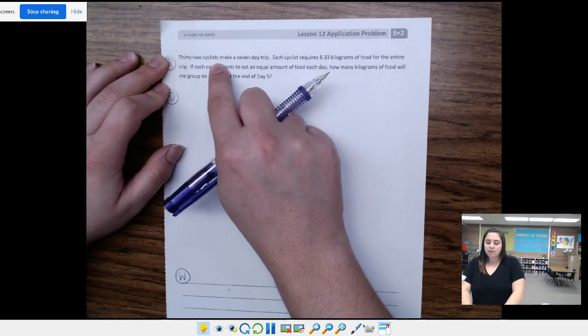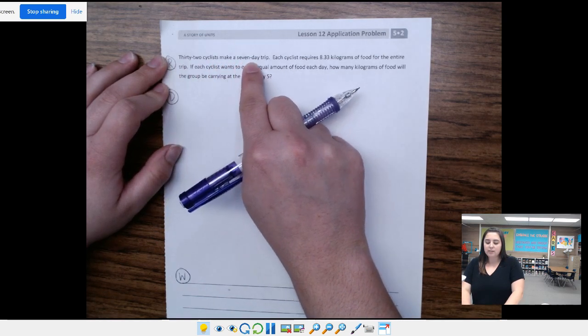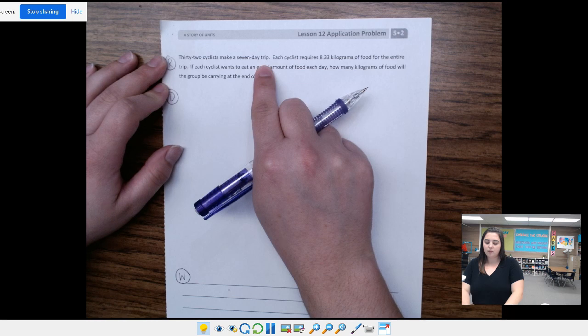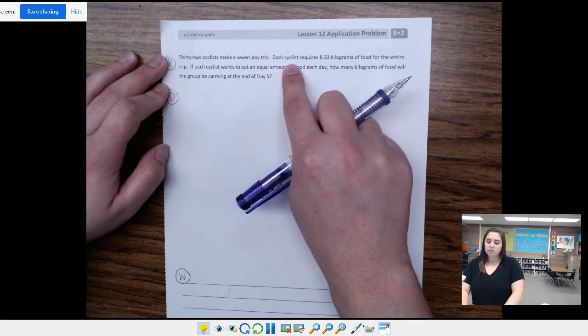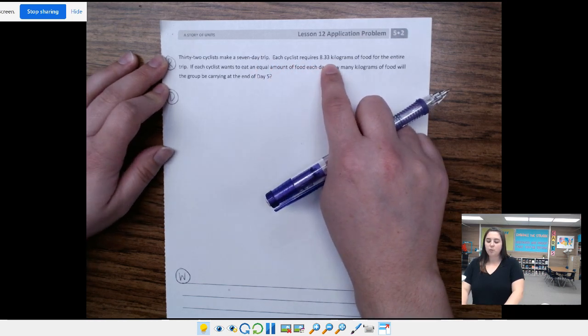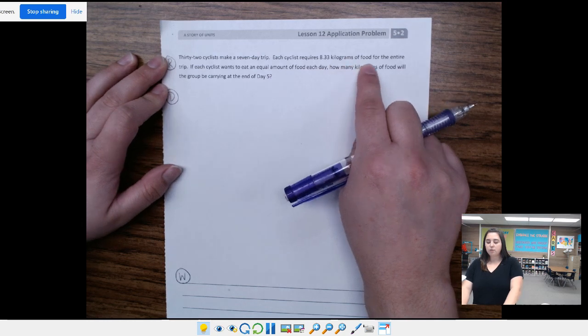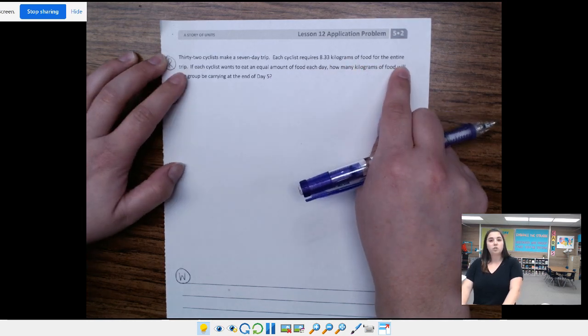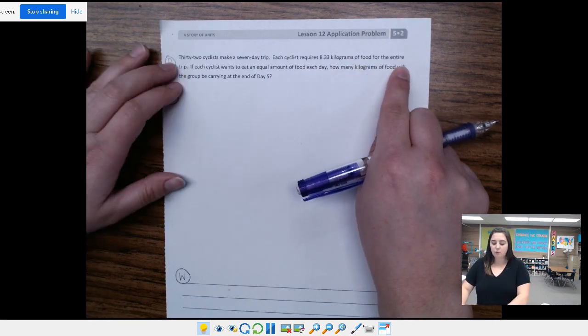32 cyclists are making a 7-day trip. Each cyclist requires 8.33 kilograms of food for the entire trip. So here's the important part.